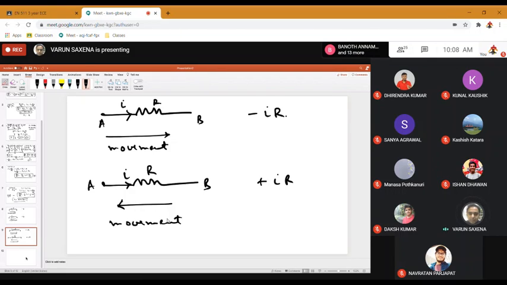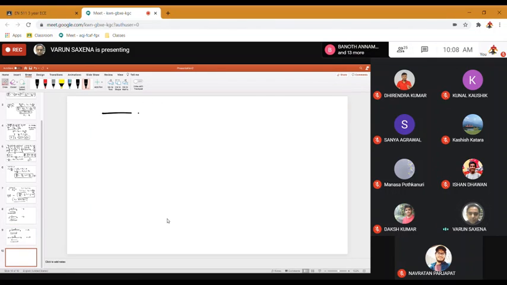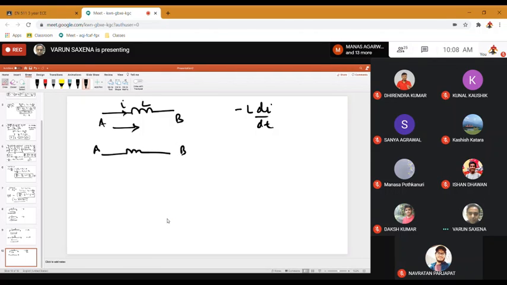And then it's similar for an inductor and a capacitor. So A and B, and this is L, and this is I, and if I'm moving in this direction, then I will call it minus L di by dt. That is, the potential drop is going to be minus here. And if you have a current going like this, but you are moving in this direction, then I will take it as plus L di by dt.